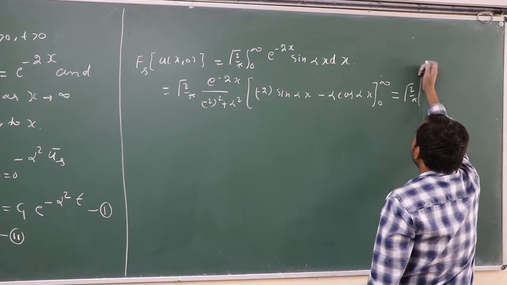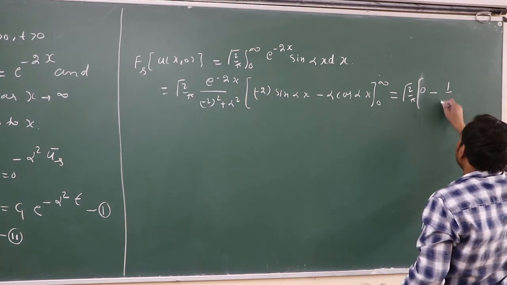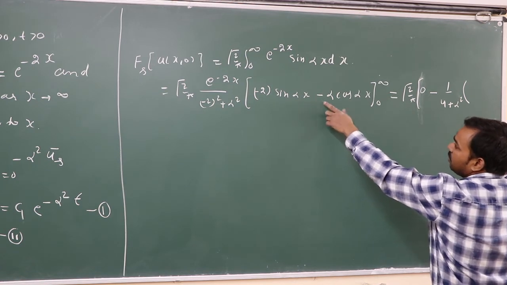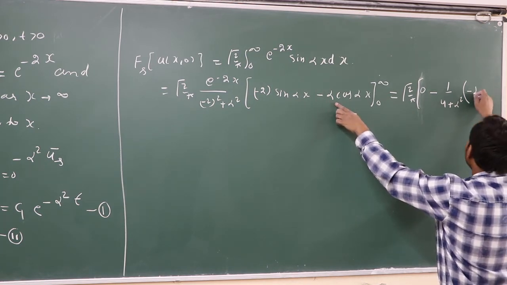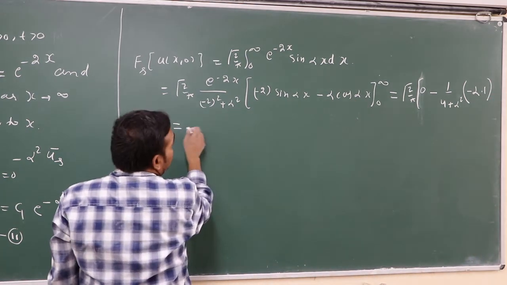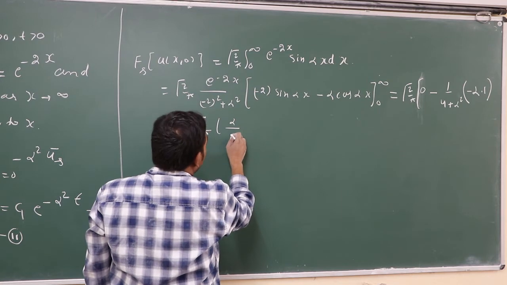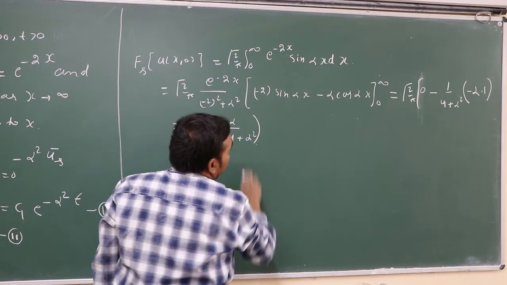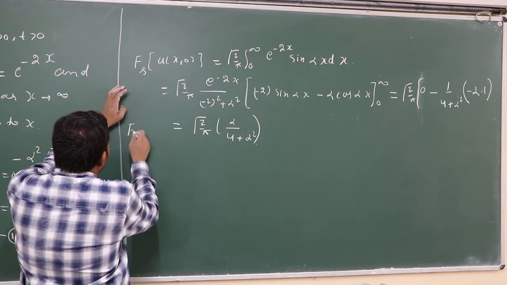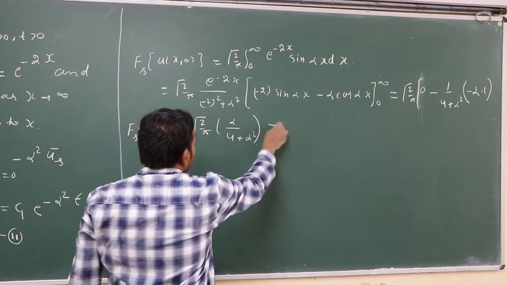Here e to the power infinity term goes to 0, minus e to the power 0, 1 upon 4 plus alpha square, and for this sin 0 is 0 and minus alpha cos 0 is 1. Simply, this is under root 2 upon pi times alpha upon 4 plus alpha square. So we can say this is the value of u_s(alpha, 0), say this is 3.